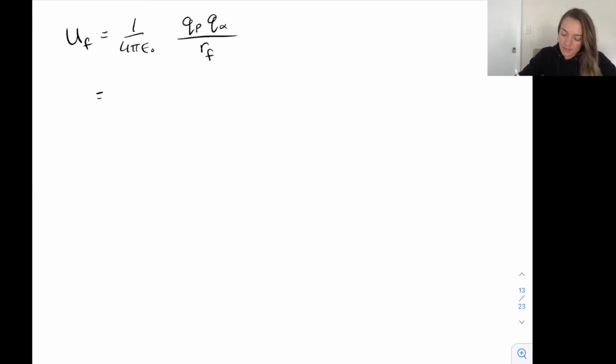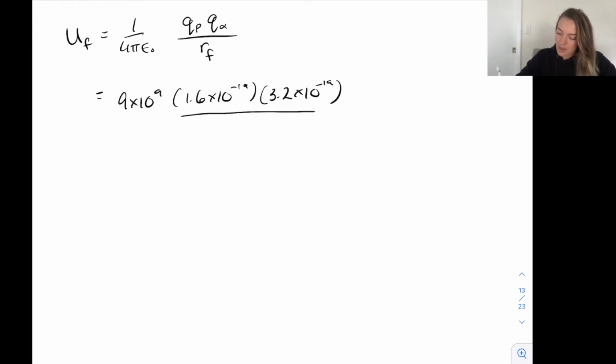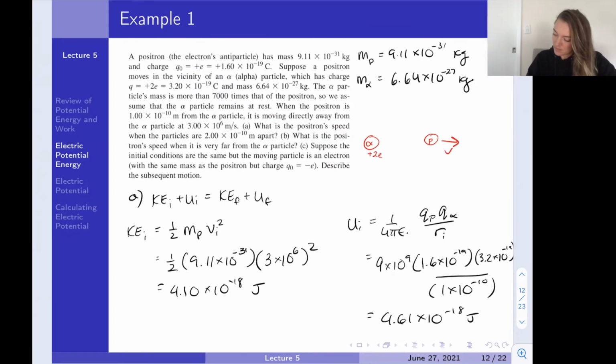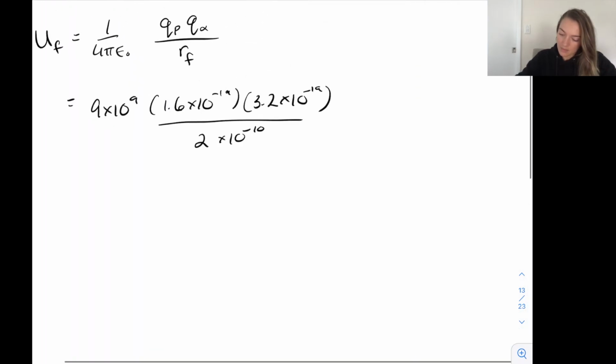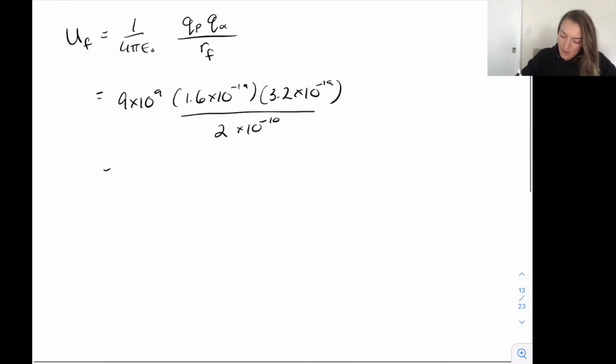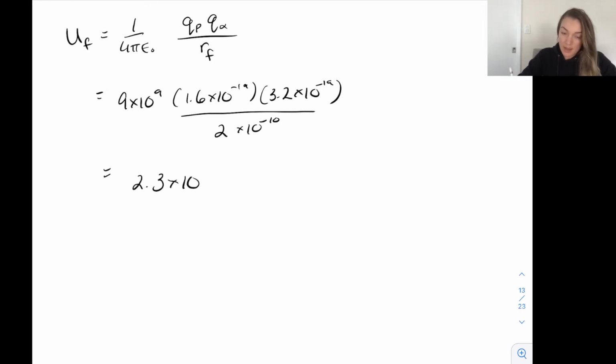So we'll have 9 times 10 to the 9 for 1 over 4 pi epsilon naught, and then 1.6 times 10 to the negative 19, 3.2 times 10 to the negative 19 for the alpha, and their final separation is 2 times 10 to the negative 10 meters. And this comes out to 2.3 times 10 to the negative 18 joules.